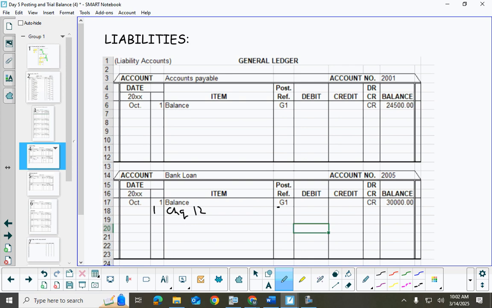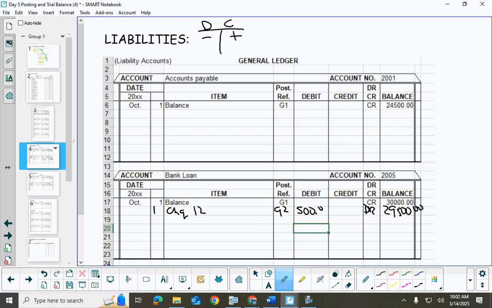So we're going to General Journal page 2, debit 500. Remember, for all liability accounts, credit is the plus, debit is the minus. So we're going to go 30,000 minus 500. So we're going to have 29,500.